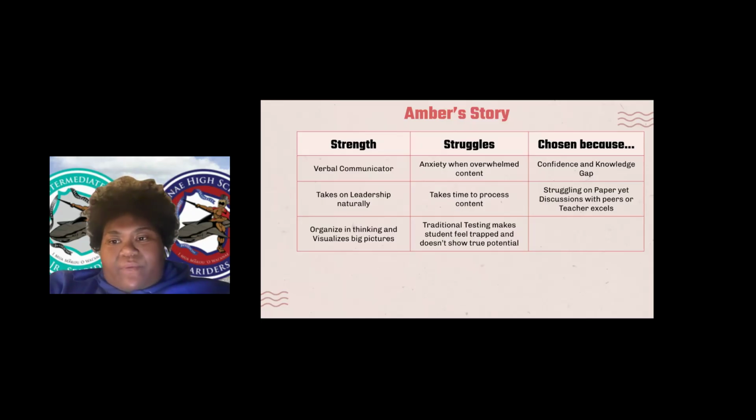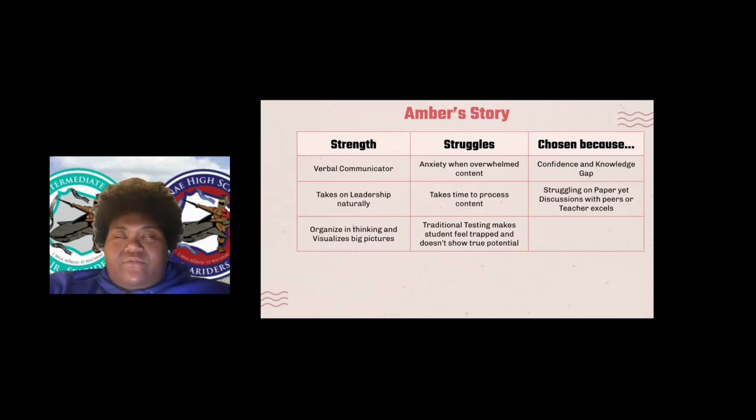And so I chose Amber because, one, I feel like this revision of the summative, the revision of Unit 4, will help her confidence and knowledge gap come together, to where the confidence that I know she has and the knowledge that I know she's going to get are closer together.